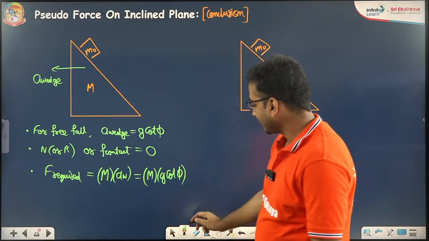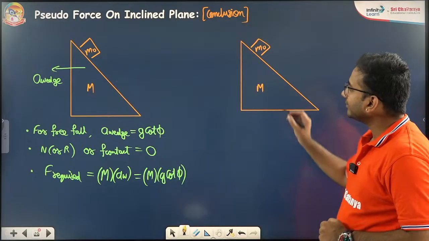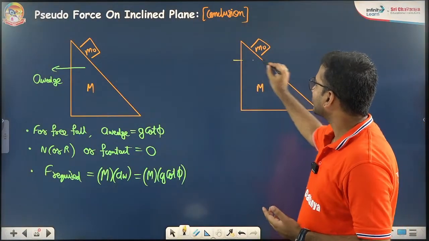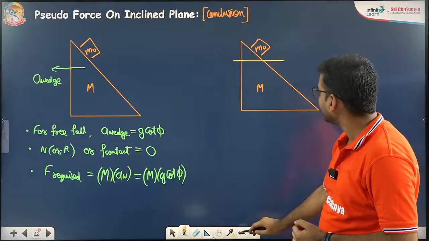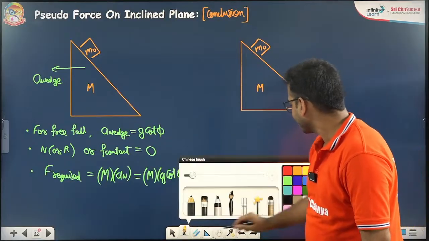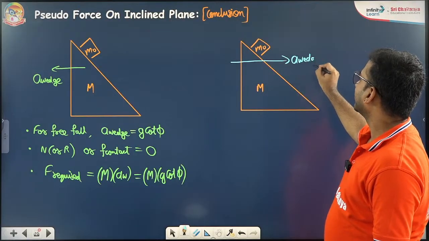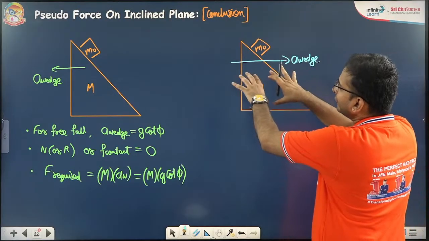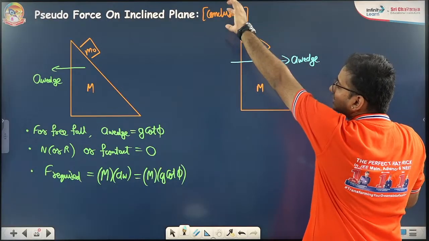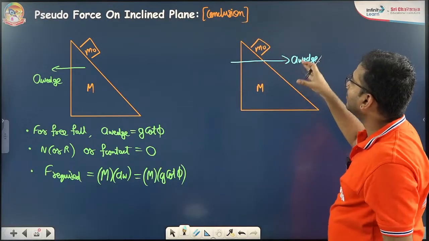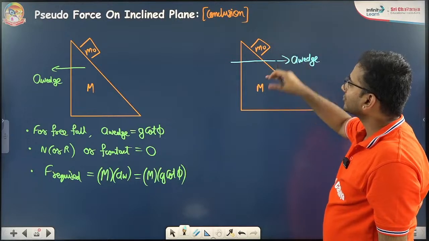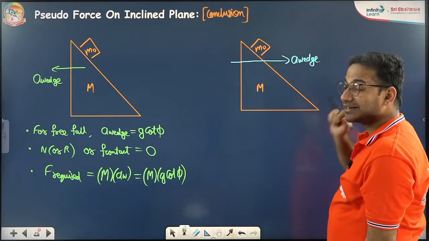That is the situation. Now the next illustration which we talked about is that you provide the acceleration to the wedge like this. Do understand, if acceleration of wedge is more, the block will rise up. If the acceleration of the wedge is less, the block will be sliding down.